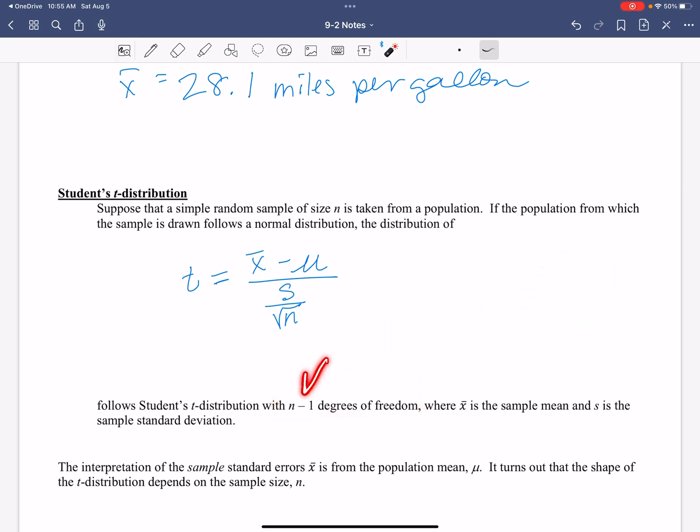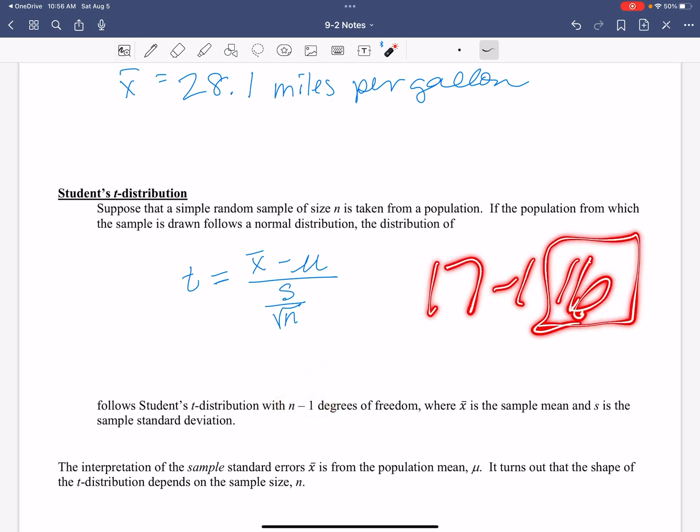So that tells me n minus 1, taking it to where you're not just left with 1, right? So if I have 17 minus 1, it gives me 16. That means I have 16 degrees of freedom because that last one has no freedom. You're stuck. You see what's happening there?